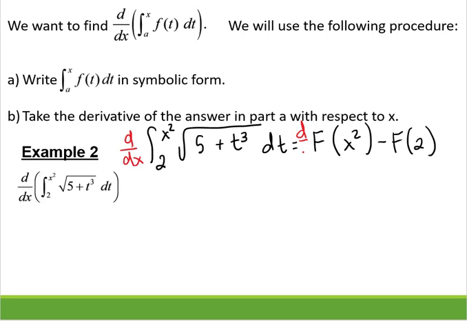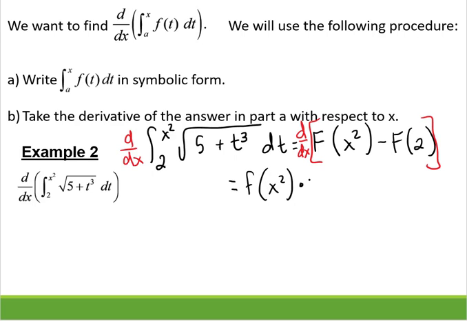And when I take the derivative of this side, it's small f of x squared times the derivative of the inside function. It's a chain rule.